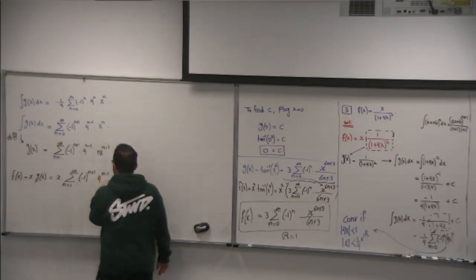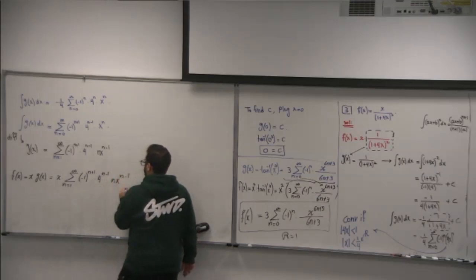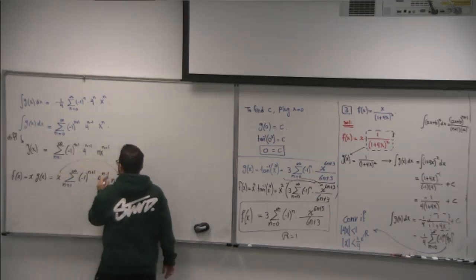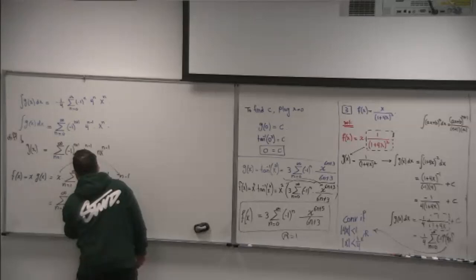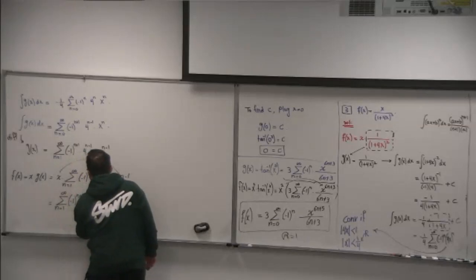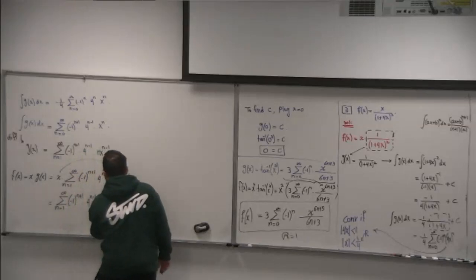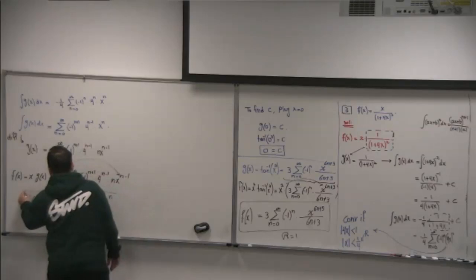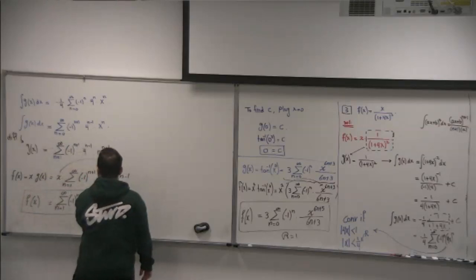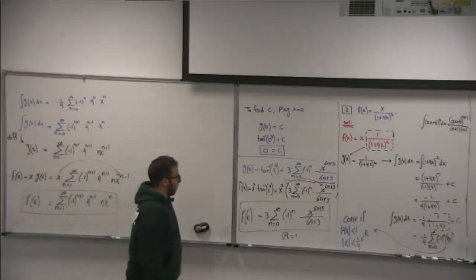Again, it converges for the same radius. You can insert the x in, and that's it. So this becomes the series from n equals 1 to infinity of minus 1 power n plus 1, 4 power n minus 1, n x power n. That's it. And that's f of x.